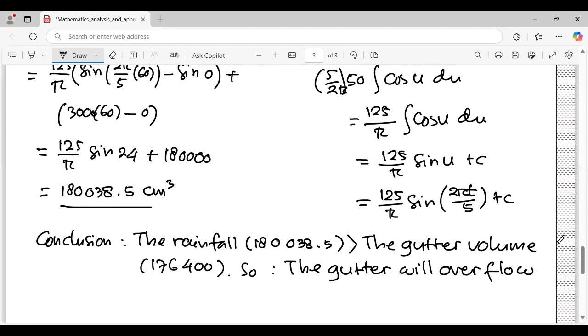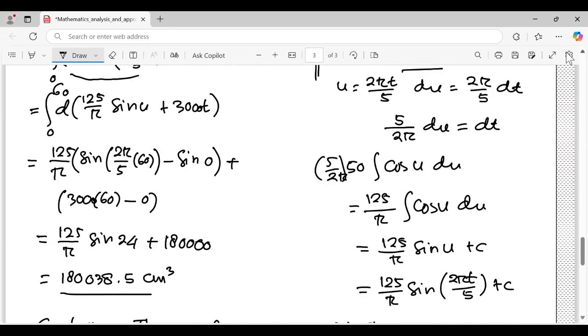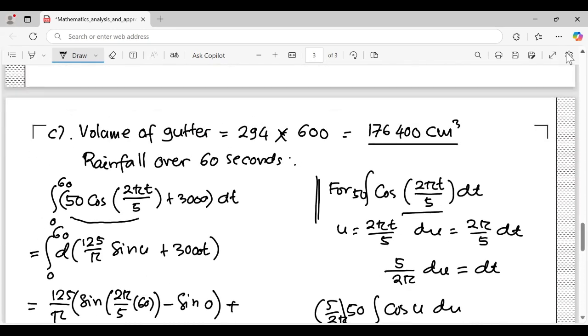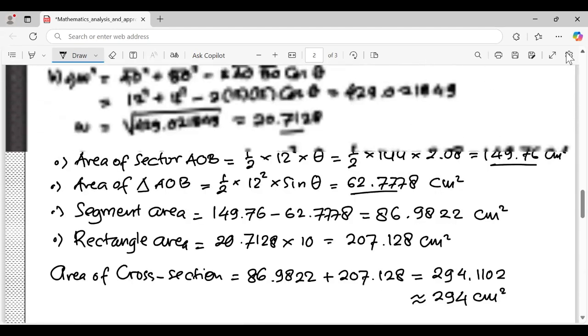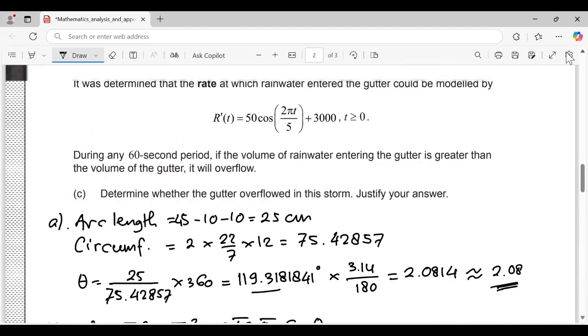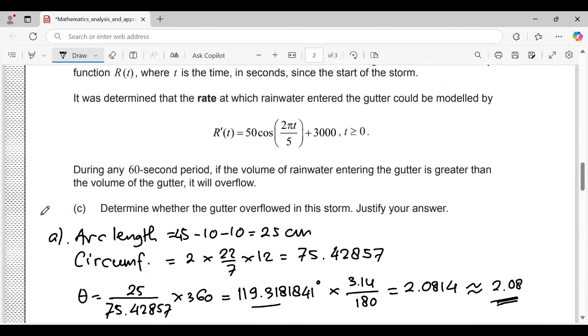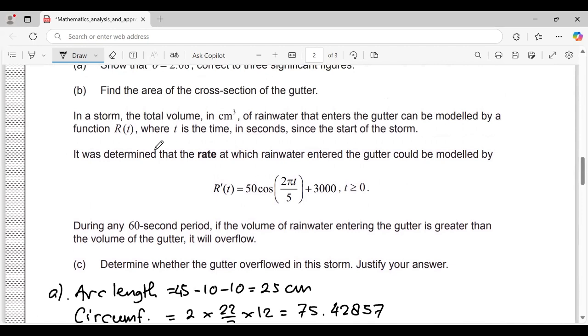That is the conclusion. Okay, and next question. In a storm, the total volume in centimeters cubed of rainwater that enters the gutter can be modeled by a function R(t).